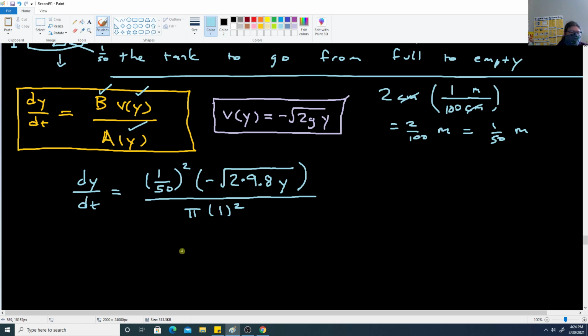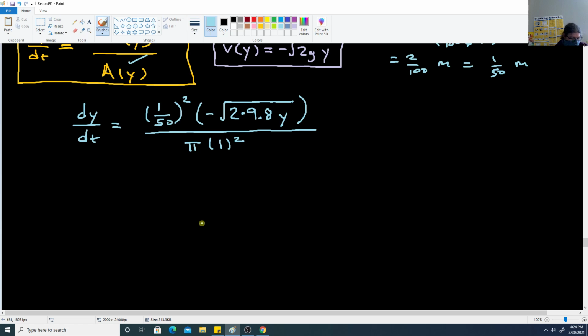So before I actually use separation of variables, let me algebraically clean this up just a little bit. We want to not round or convert over to decimals till the very end. So we're going to try to algebraically clean it up a little bit, but we're still going to have lots of number parts. Let's see here. So this will be 1 squared is 1, 50 squared is 2,500, so 1 over 2,500.